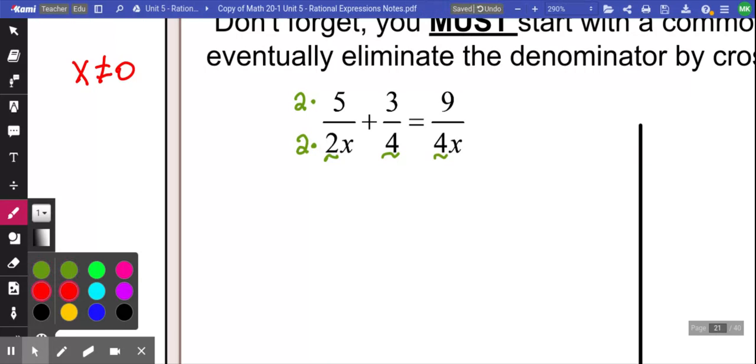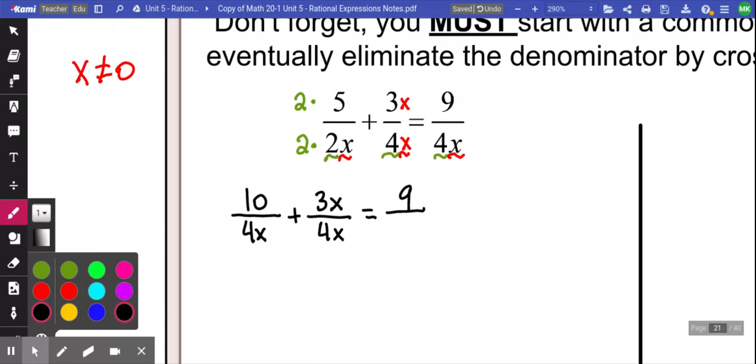Let's look at our letters. This one has x, this one has no x, and this one has an x. So this one needs to be multiplied by x top and bottom. Okay, let's write out what we got. This means I have 10 over 4x plus 3x over 4x equals 9 over 4x.